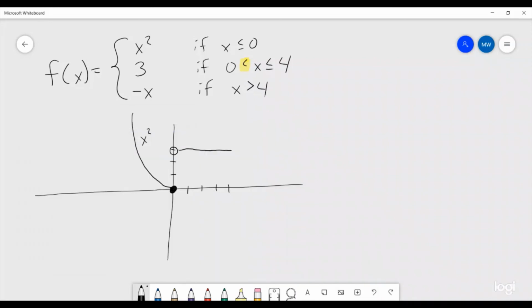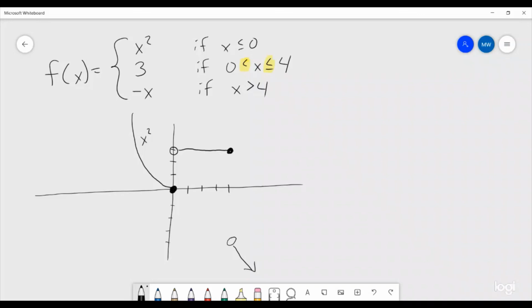There we go. So that's going to be a closed circle because it is a less than or equal to on this side. And then when x is bigger than 4, it's going to be a negative x. So 1, 2, 3, 4. It's going to be here and then continue that way. So that would be how we graph this piecewise function.